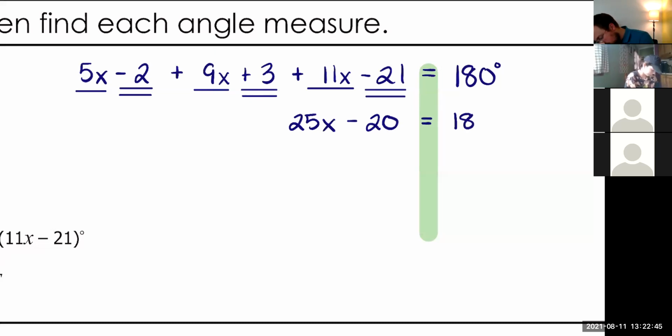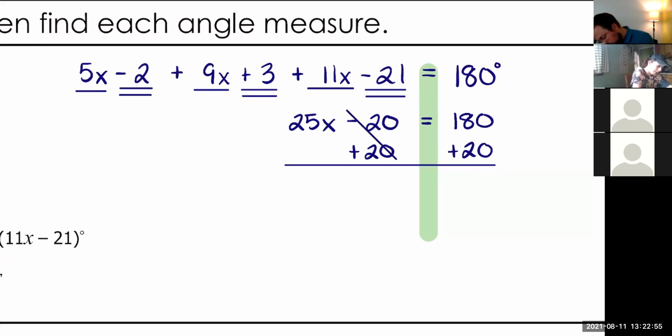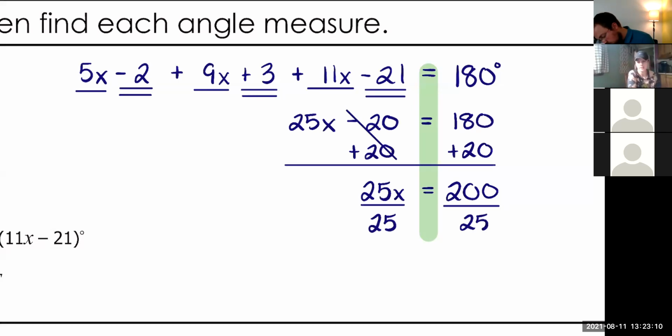That's still equal to 180. And then I would just go into solving. I'd add 20 to both sides. So 25x equals 200. Divide both sides by 25. And I get x equals 8, I believe.